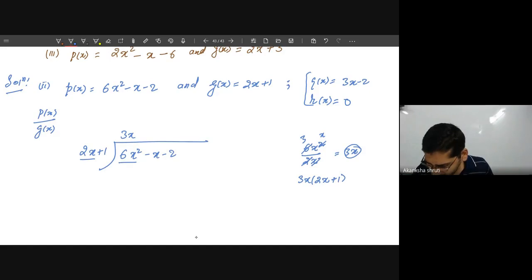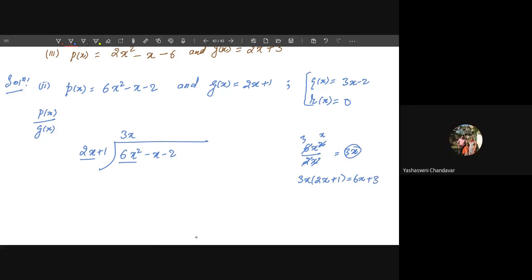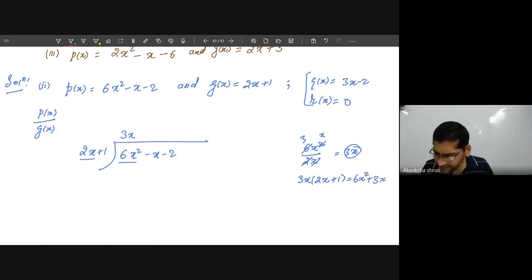You will get 6x square plus 3x. This 6x square plus 3x has to be written below the dividend, so it is 6x square and plus 3x.